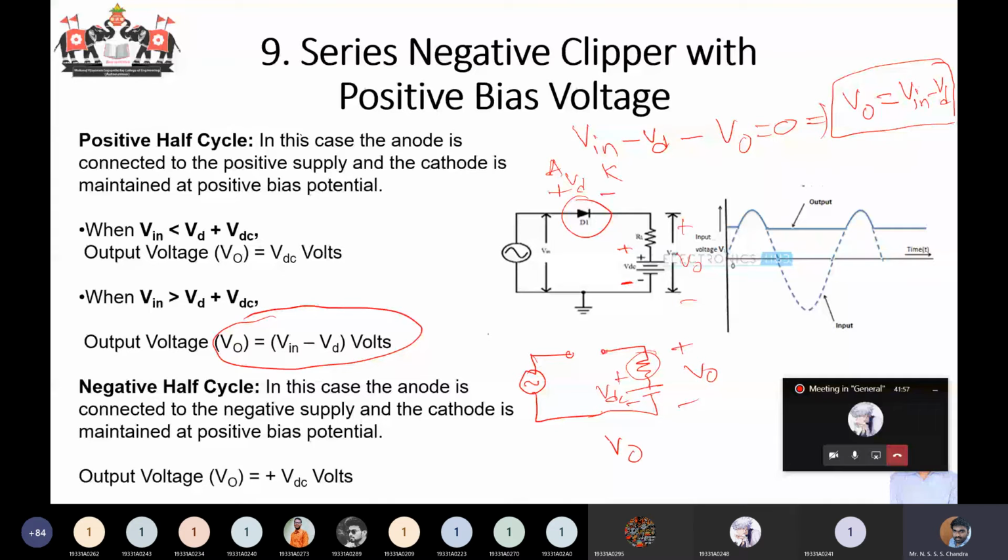Then your V0 is equal to plus VDC. That's what you are getting. Okay. The series negative clipper with positive bias voltage.